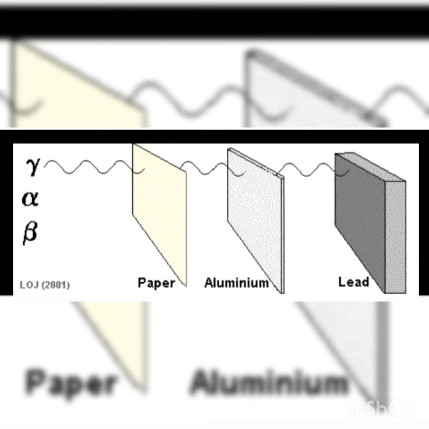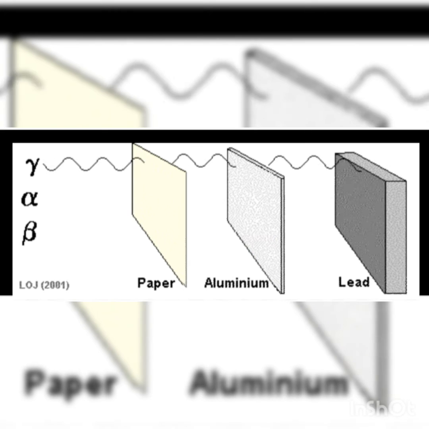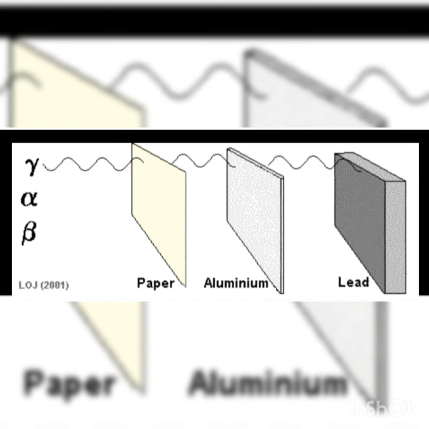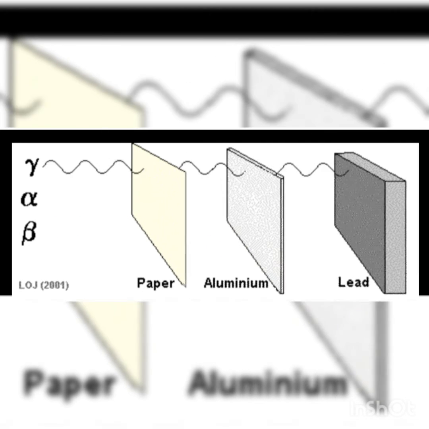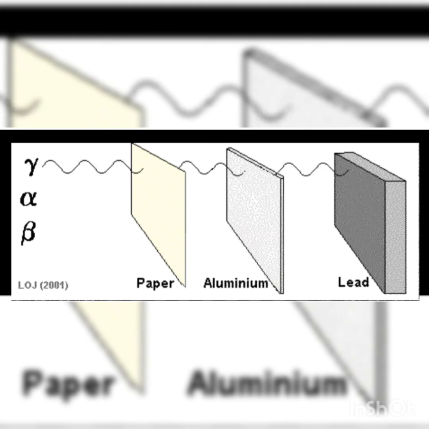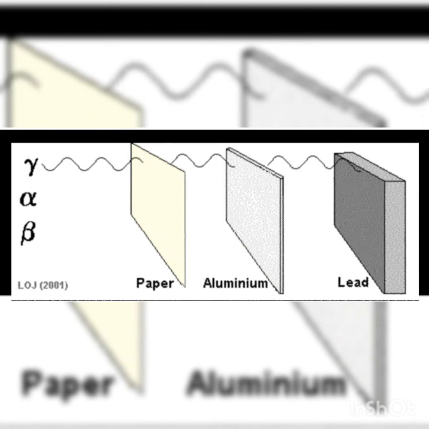Gamma radiations have the highest penetrating power and can pass through all three: paper, aluminium and lead. Penetrating means passing through a particular substance. So the penetrating power of gamma radiations is maximum, then come the beta rays, and last the alpha rays.